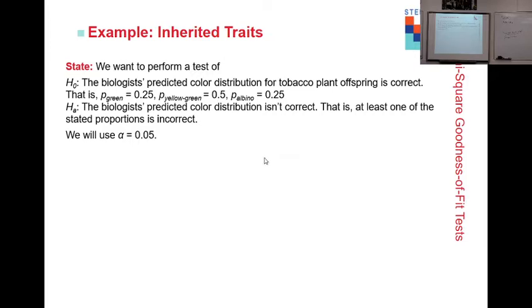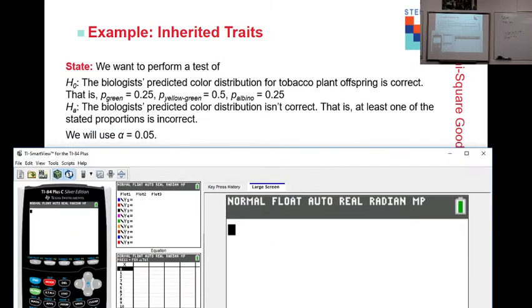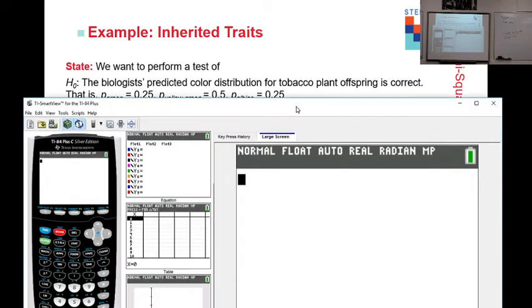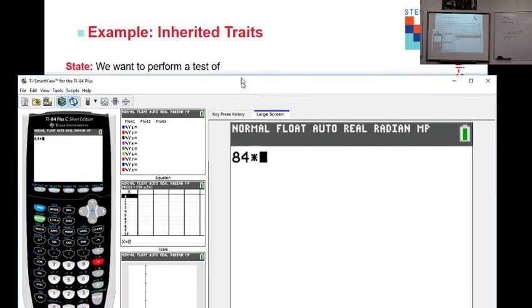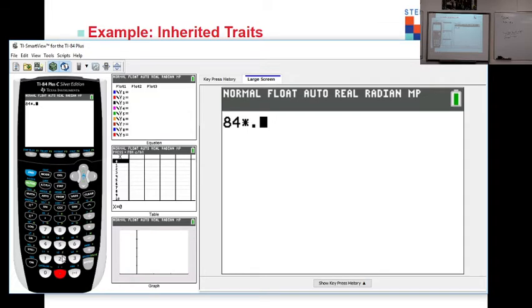So to get our expected counts, well, we have 84 in our sample. And what we are expecting is that the proportion we expect to be green is 0.25. So we're going to take the 84 and multiply it by 0.25. So in our sample, we would expect on average 21 of them to be green. And then for the yellow-green, instead of 25%, we're expecting 50% of them to be yellow-green.